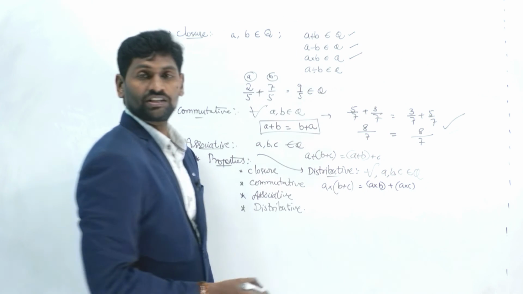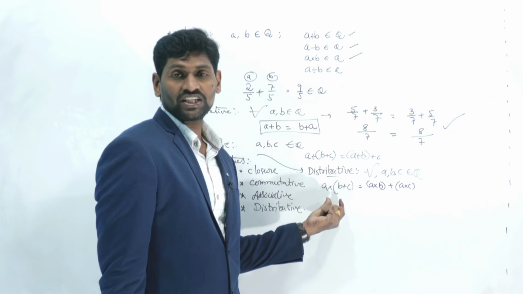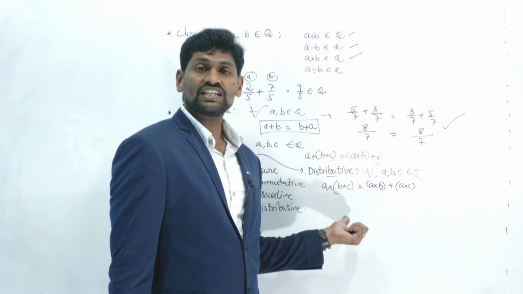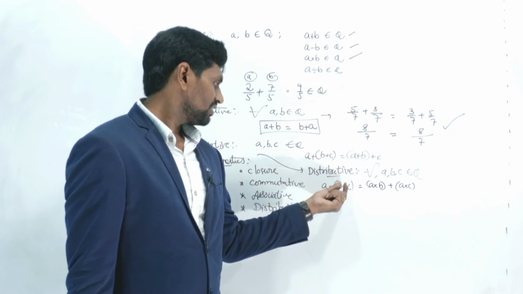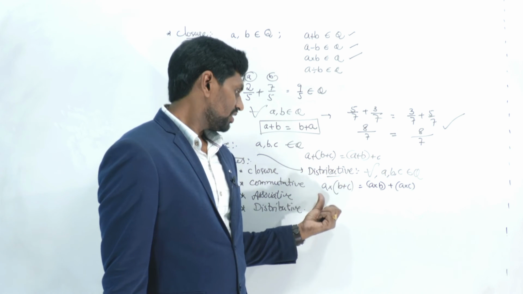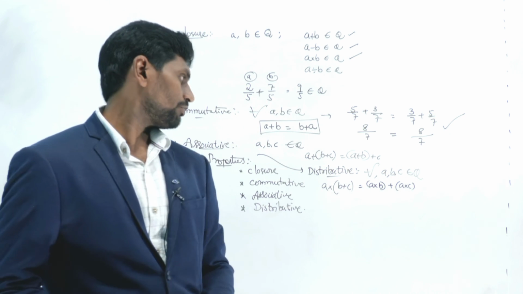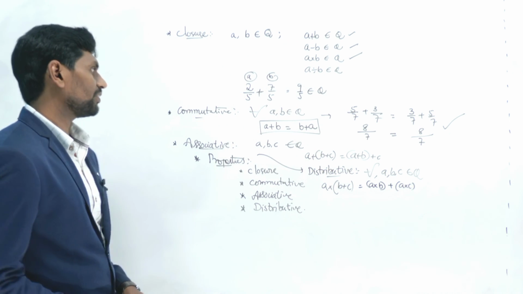That means the number which is outside the bracket is equally distributed to the numbers in the bracket: a into b here, a into c. Such a property is called distributive property. Please note it.